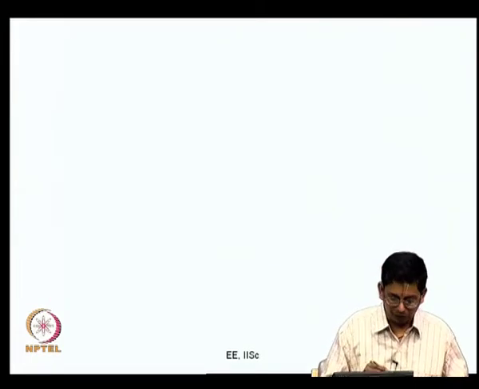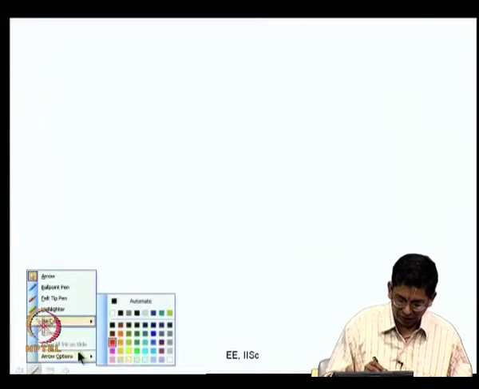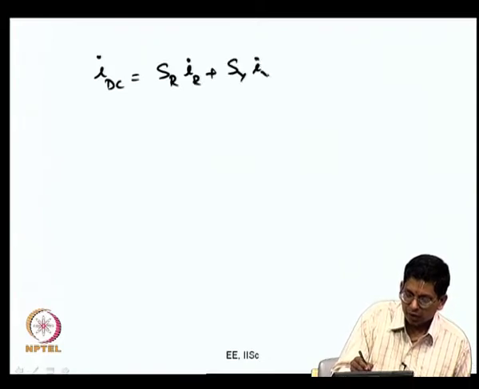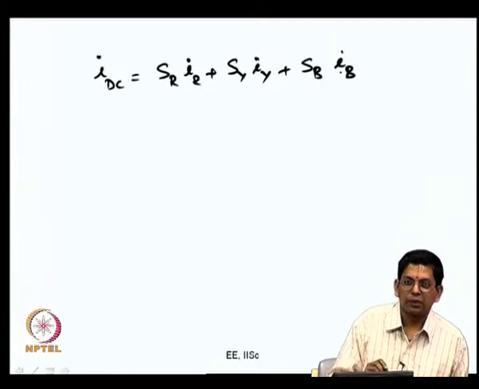Right. So, what we do is let us restart this exercise. Let us start by saying we have IDC equals SR IR plus SY IY plus SB IB.